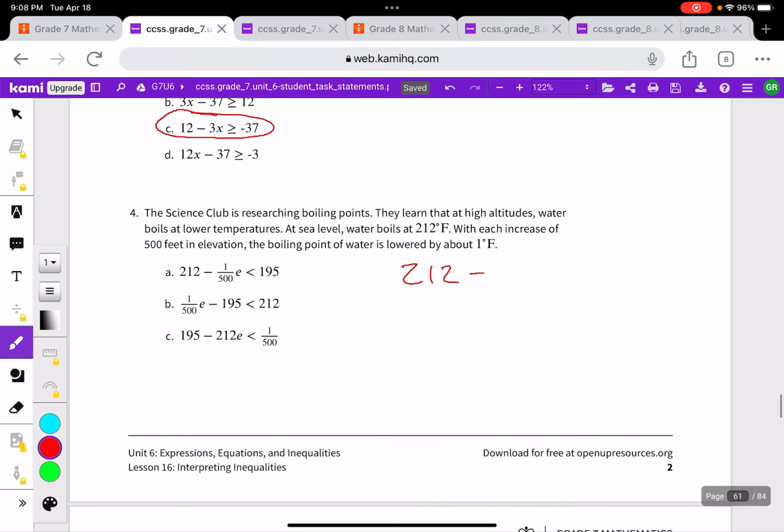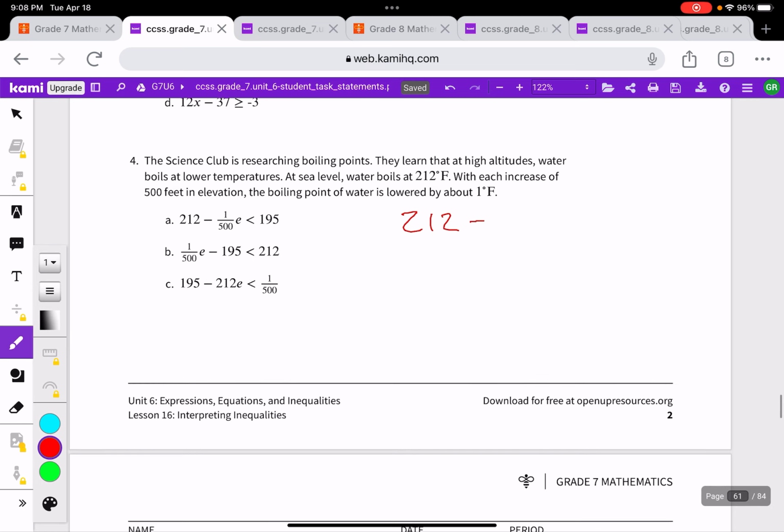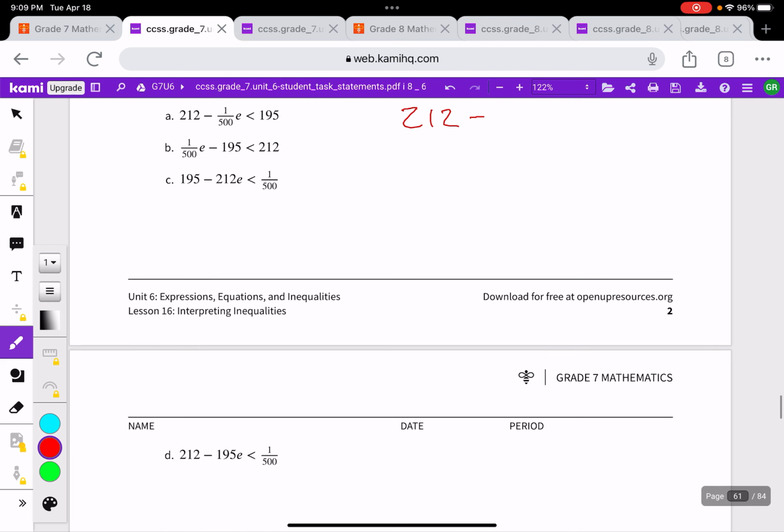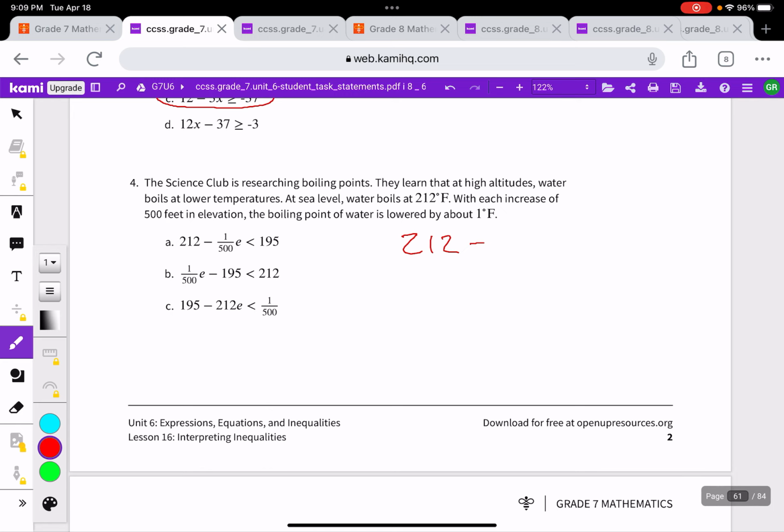So when I look at all these, I'm trying to go, does A make sense? Maybe. B, everything is 1/500, so something's got to be 1/500. I don't have to mess with that. So 1/500 must mean something. E must stand for something. My guess is it's the elevation.